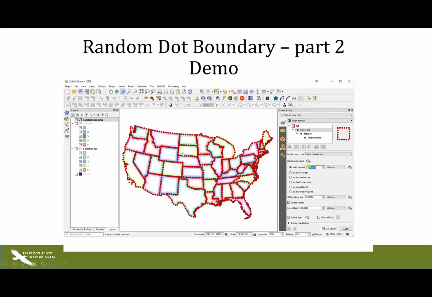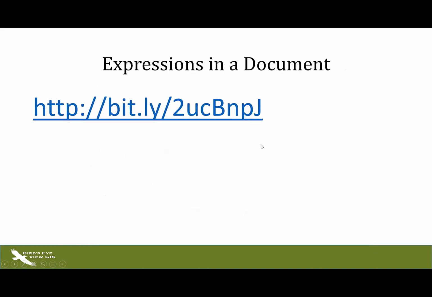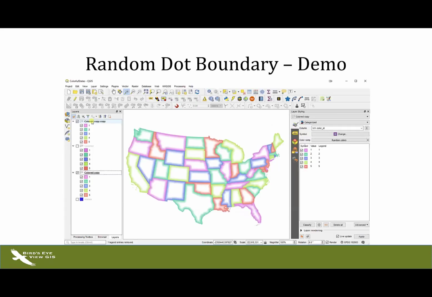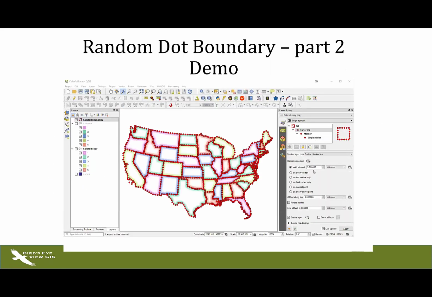So here's going to be the interesting part. I'm selecting the marker line component and I'm reducing the width interval to something very small. Sorry, I got to find it. Here we go. So from the marker line component, I reduce that width interval to something very small.